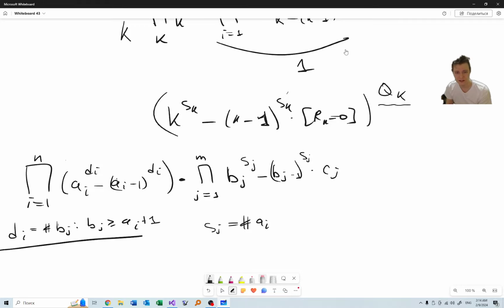So I can write it here as greater, and here I can also write it as greater. Yes, so a_i is greater than b_j, and c_j is the fact that there does not exist such a_i which is equal to b_j.